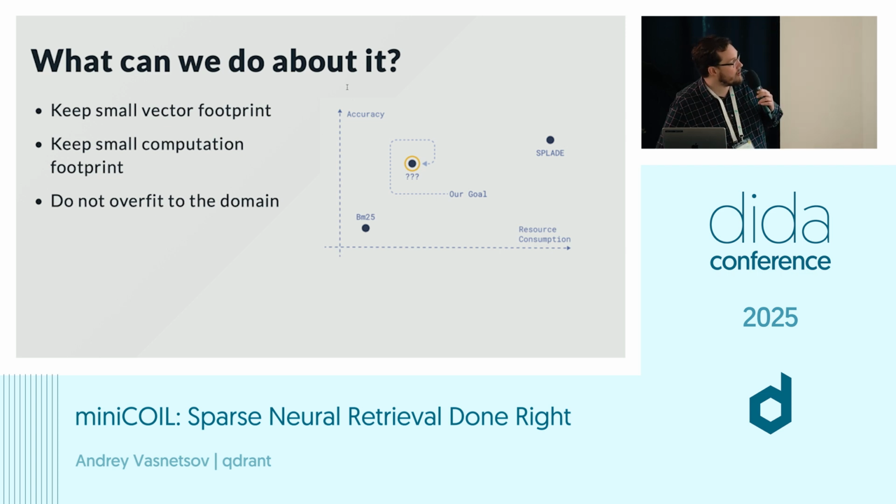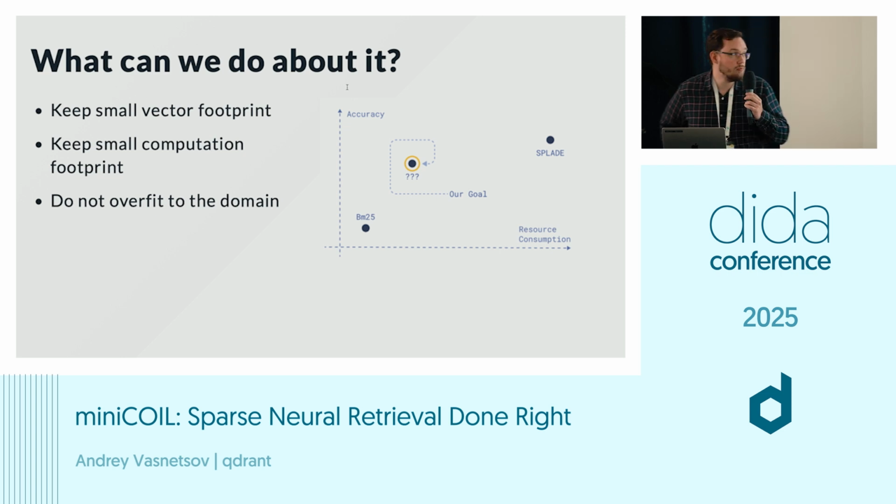This is a small diagram which demonstrates what we actually want to achieve. We want to be somewhere in between. We do not want to spend as many computational resources as SPLADE does, but at the same time we want to boost accuracy over the baseline. And the most important thing here, we want to do this in a way that does not rely on specific domain training.